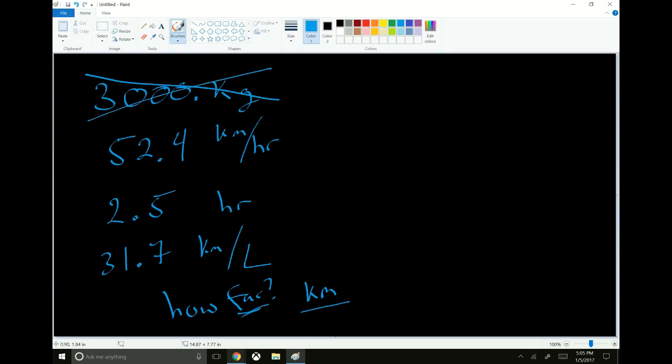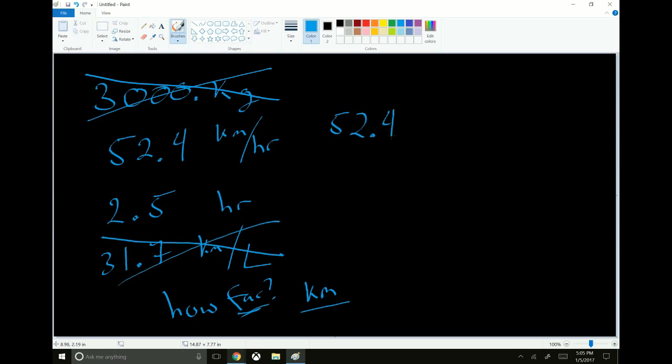Well, kilograms doesn't help us at all. We don't need to know the weight of the car. Okay, 31.7 kilometers per liter. The mileage the car gets might help if we knew how much gas they had used, but other than that, we cannot get to distance from there.